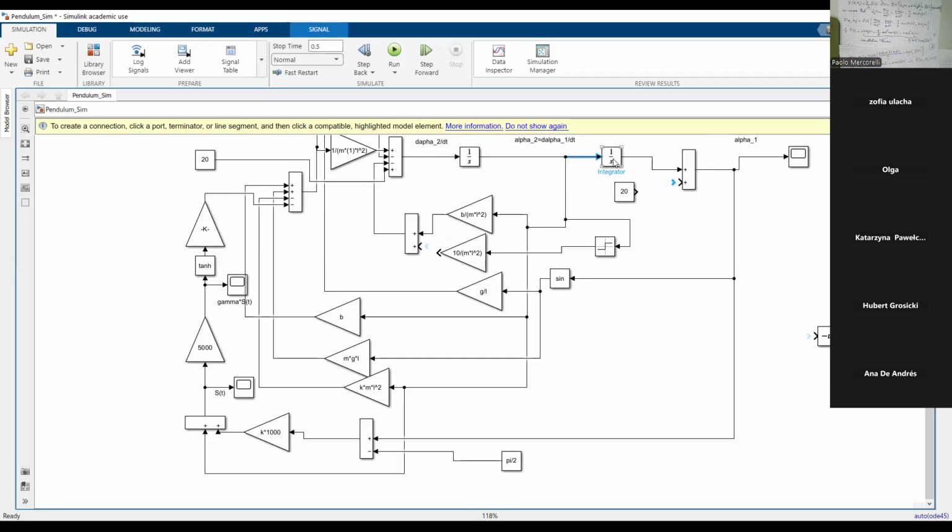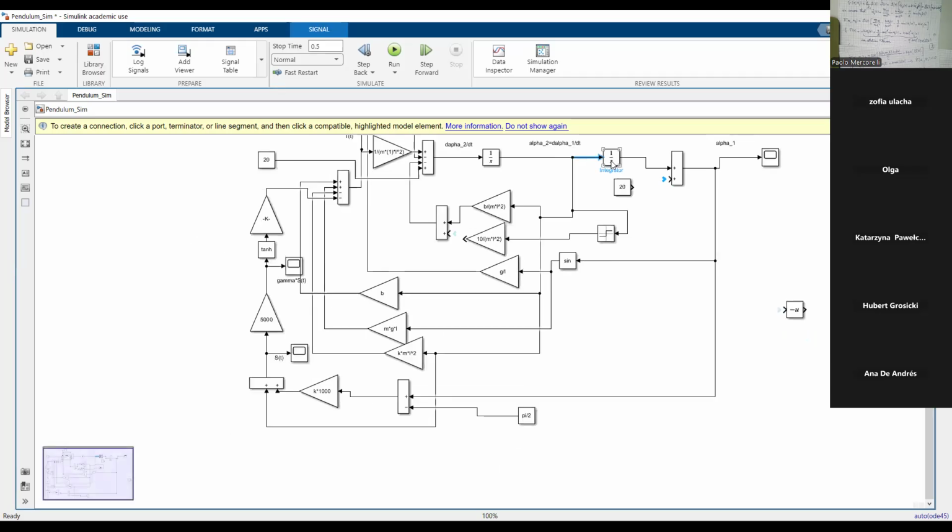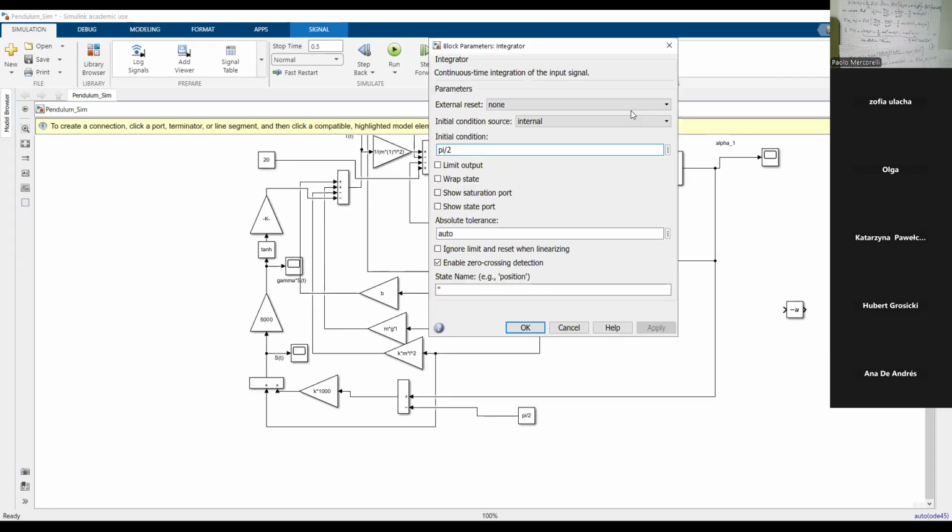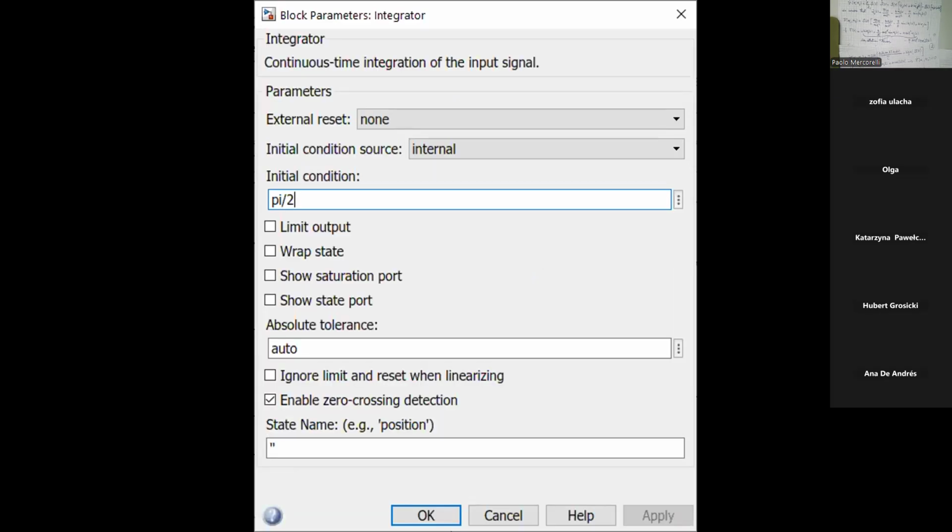If I go inside, we can see that I put an initial condition for alpha 1, pi divided by 2. This is a particular initial condition. Remember in math, the integral of the angular velocity is equal to the angular position, if I know the initial condition of the angular position.